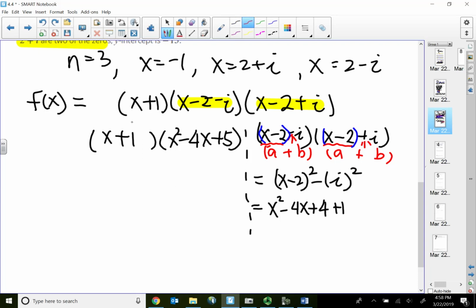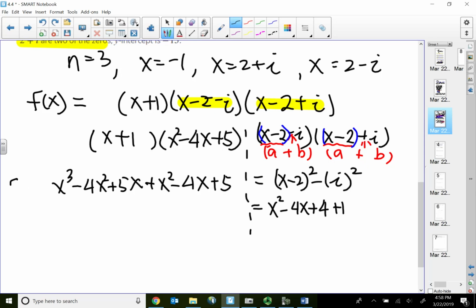So let's distribute. x times x squared, times negative 4x, times positive 5. So that will be x to the third minus 4x squared plus 5x. Plus 1 distribution will be plus 1x squared, minus 4x, and plus 5.